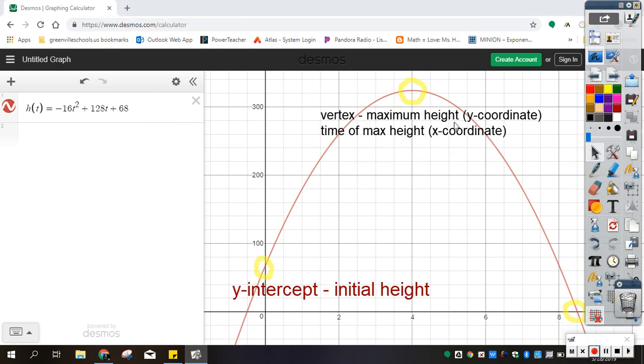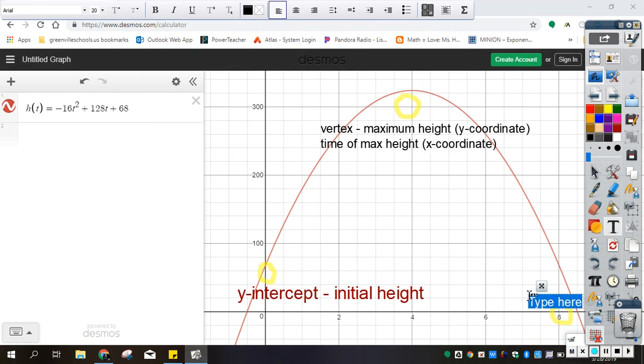So then, once you find your initial height, your vertex for your maximum height, and the time of the maximum height, you might be asked when it hits the ground.